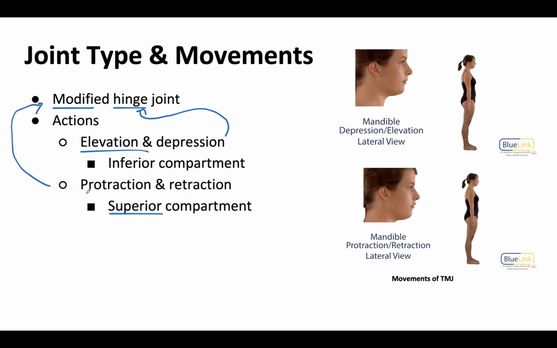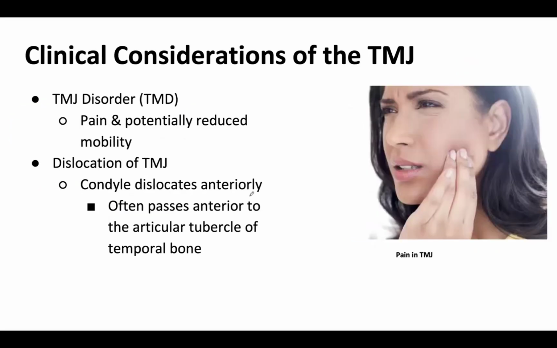So protrusion or protraction is jutting the mandible forward, and retrusion is moving it back in place. And if you click on these images, you're able to be taken to a video that actually shows these actions. So this is important in terms of grinding and kind of breaking up the food more during the chewing actions.